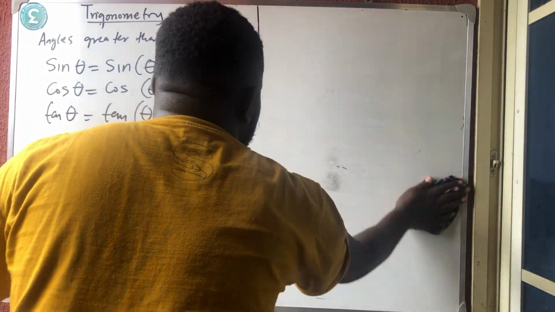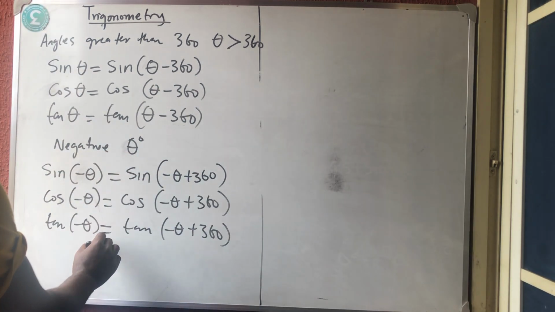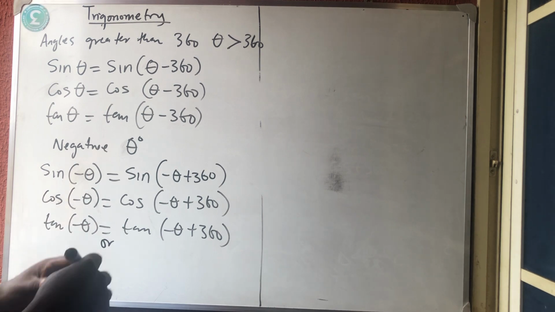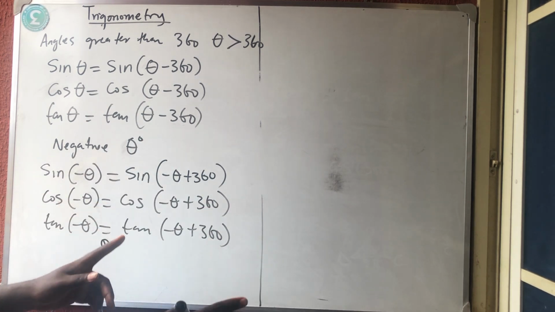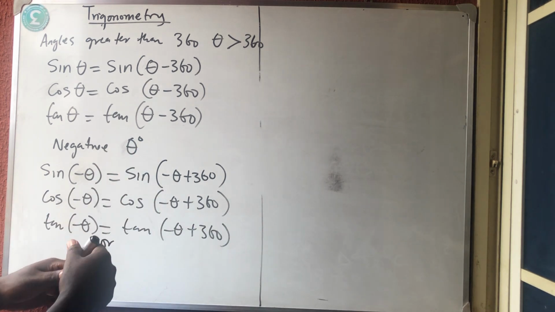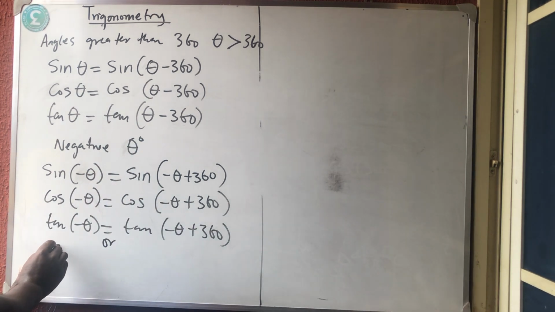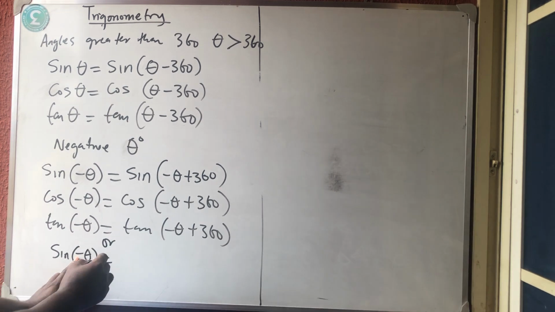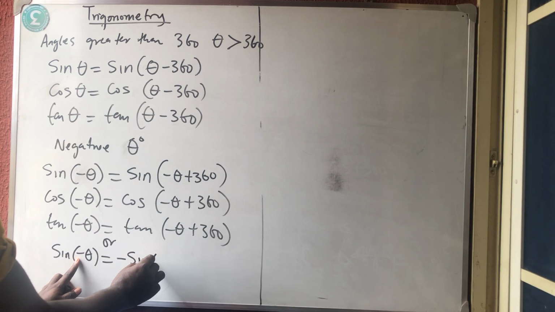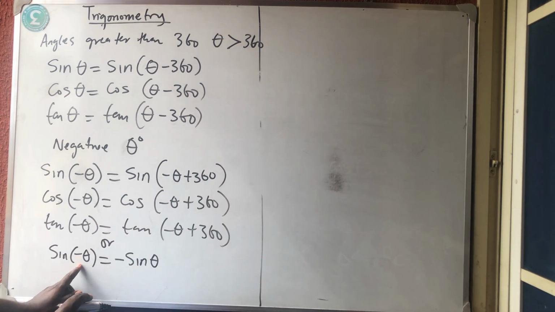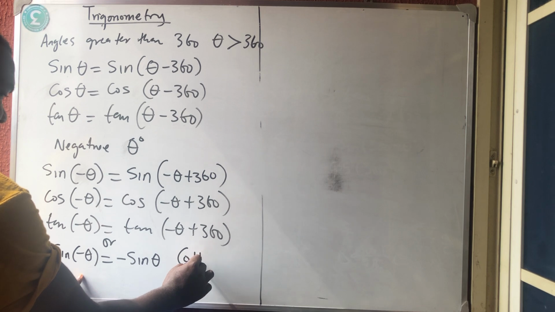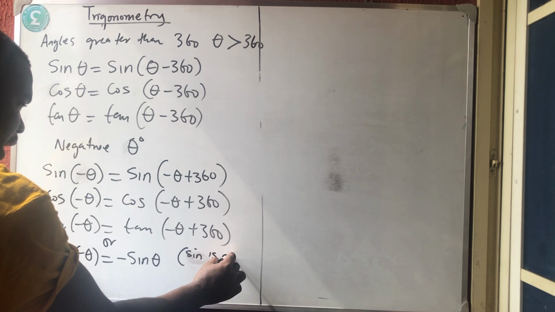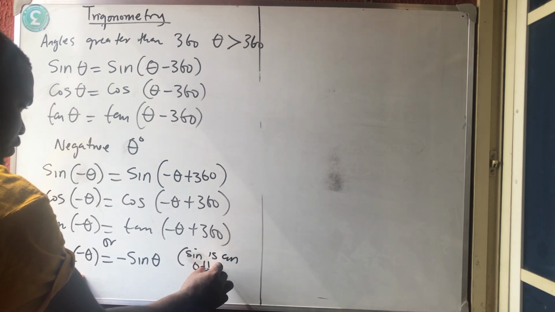There is another method of solving this one alternatively. You should know that only cos is an even function, which means sine and tan are odd functions. What do I mean by odd function? That sine minus theta is the same thing as saying bring out the minus outside, then you now say sine theta. Why? Because sine is an odd function.